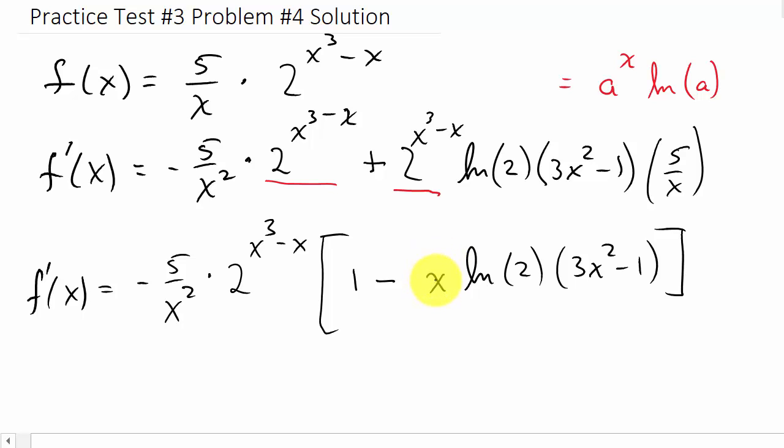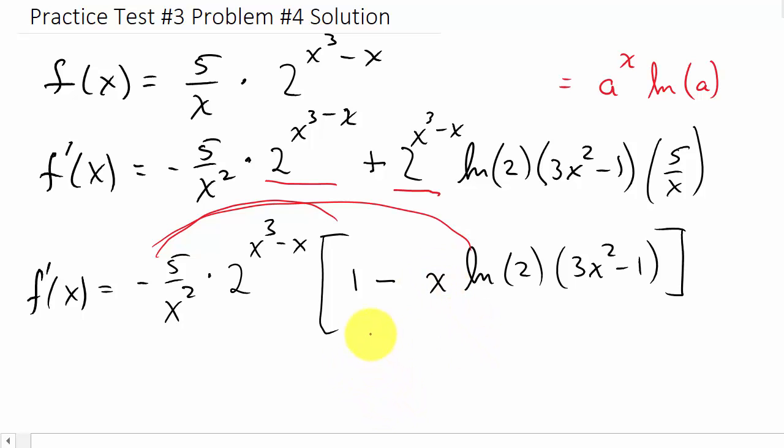Now an easy way to check it: look what would happen if I multiplied this back through, especially to this term here. So if I do negative 5 over x squared times this, you see how this x and the x in the denominator would cancel, and I would be left with a negative times a negative, the positive 5 over x. So that's where that x is coming from.